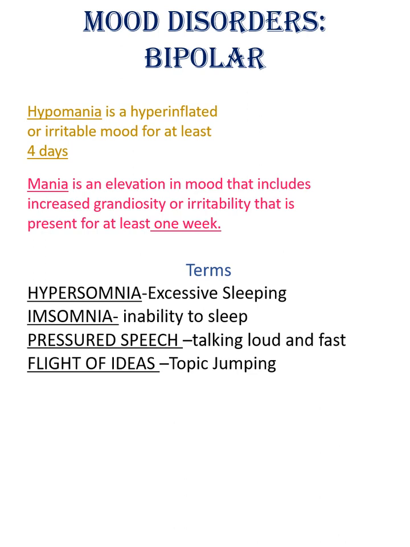Hypomania typically does not require hospitalization, whereas mania usually does incorporate hospitalization because we have an elevation of mood that includes grandiosity and irritability. And with this grandiosity and irritability, we also have poor impulse control, which can put us at danger to ourselves and others.